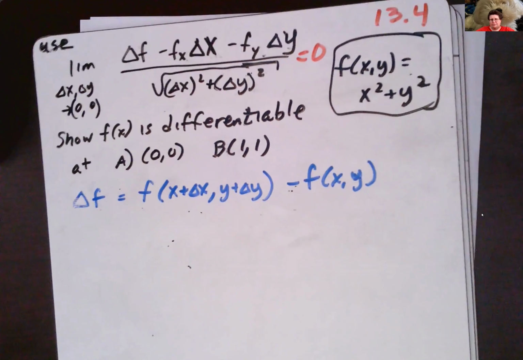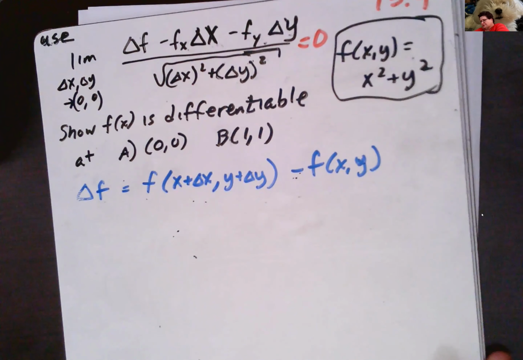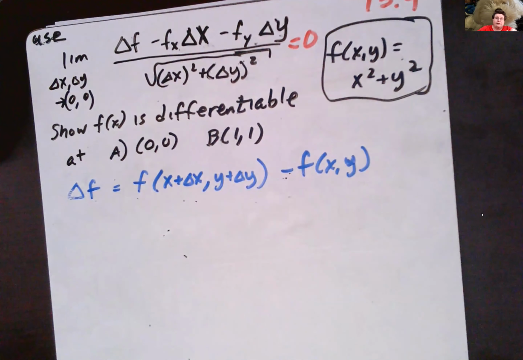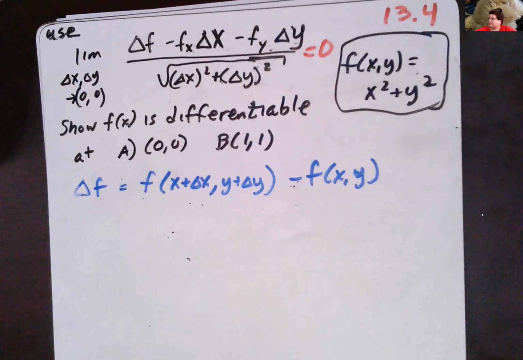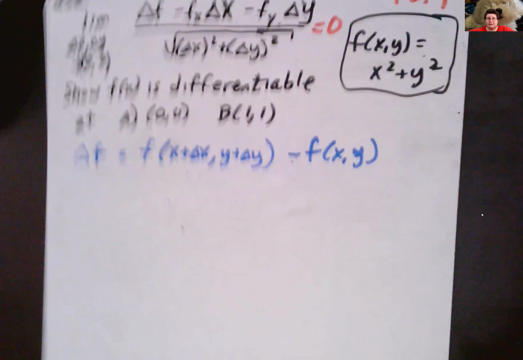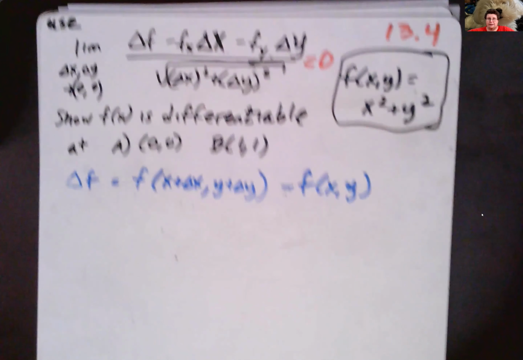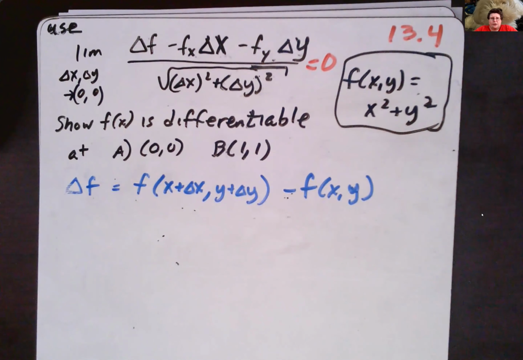And when we divide by the distance for delta x and delta y, we should have a limit of 0.